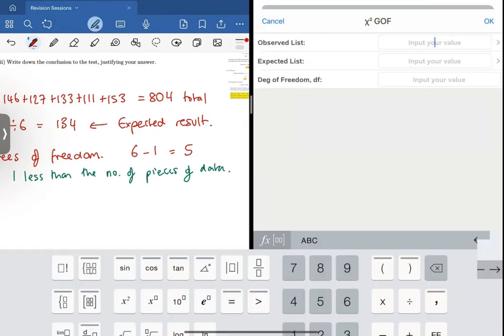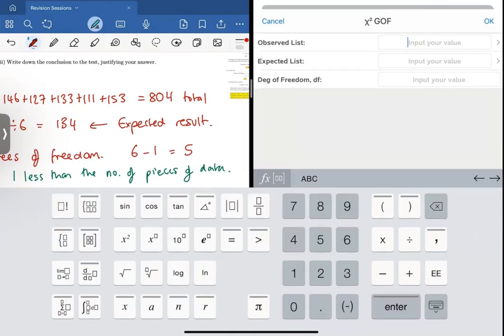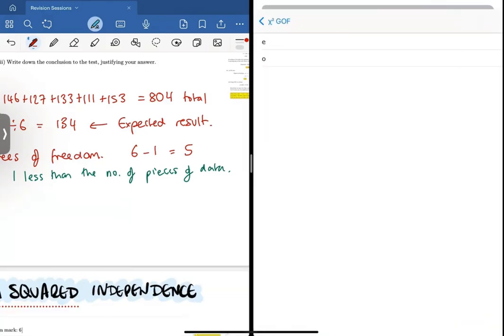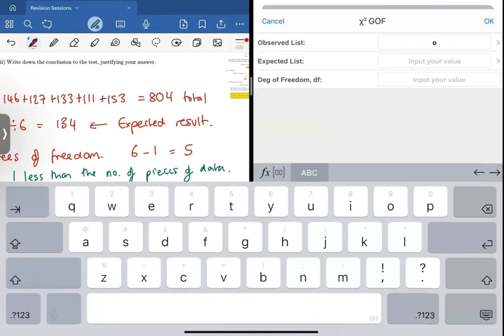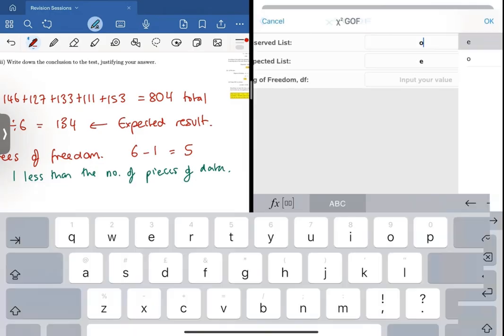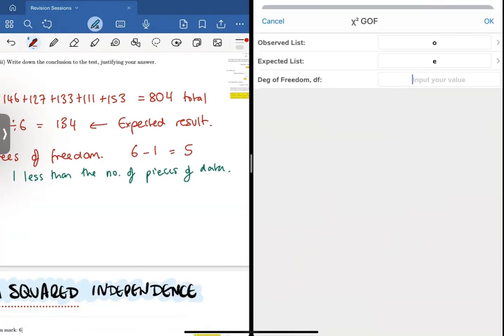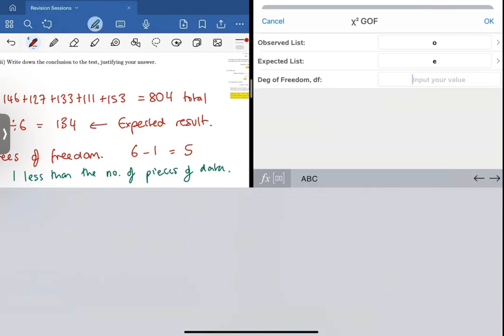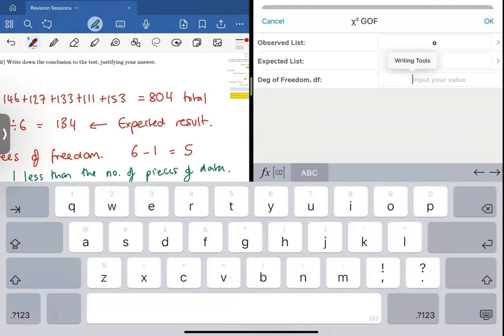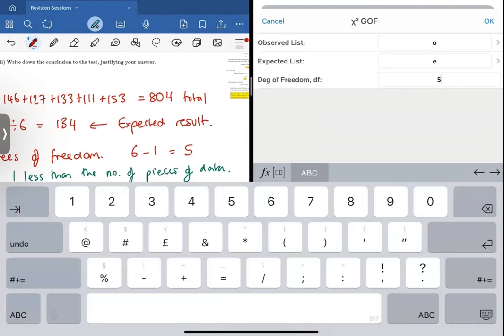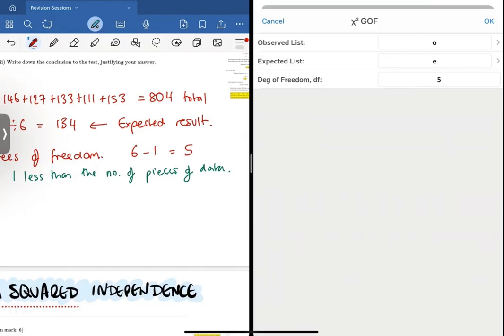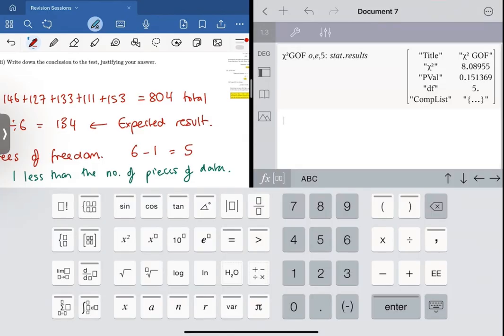It's going to ask us for our observed list, which I called O, and my expected list, E. And the degrees of freedom, well, we worked out that we've got 5 degrees of freedom, so we'll type that in. I'm hoping that this time maybe we get to reject H0, but let's see. Okay, so we've got our results.